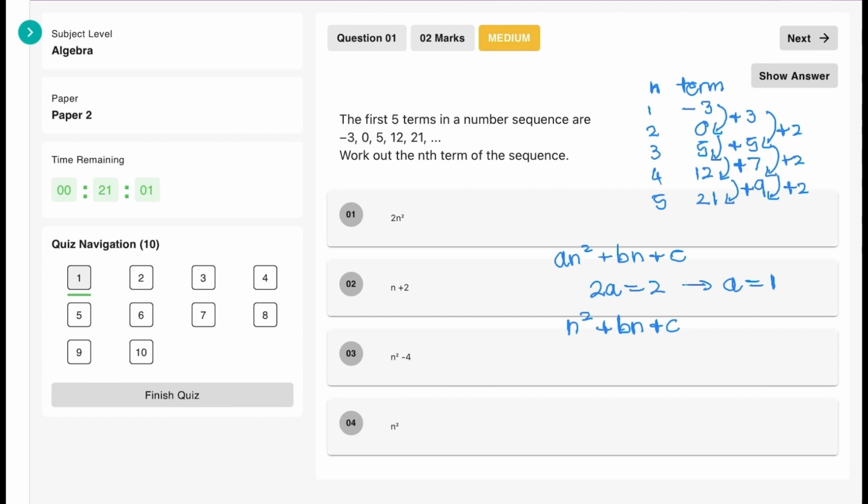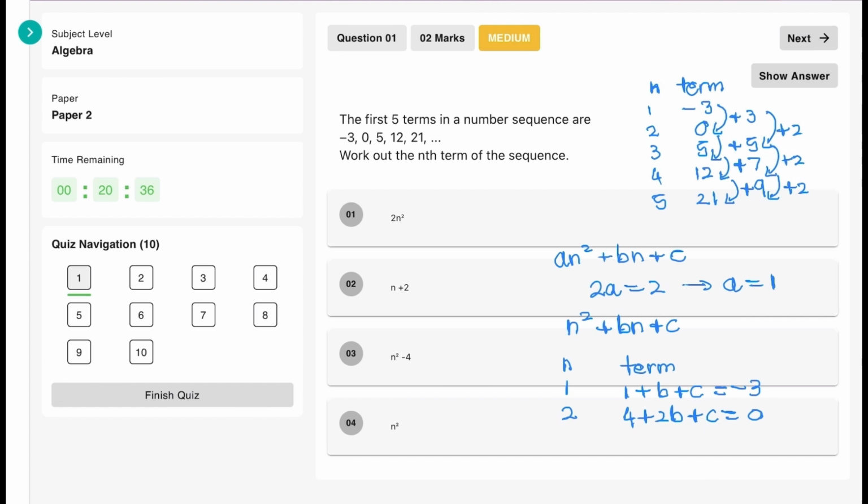Now we can substitute when n is 1 and n is 2, what the term and equation should be. If n is 1, this is 1 plus b plus c, and that will be equal to negative 3. If n is 2, this will be 4 plus 2b plus c equal to 0.